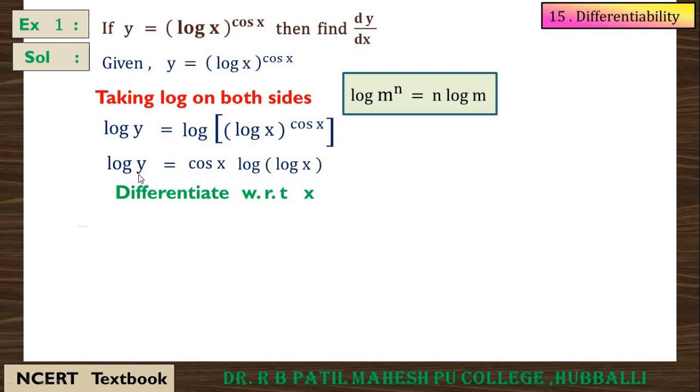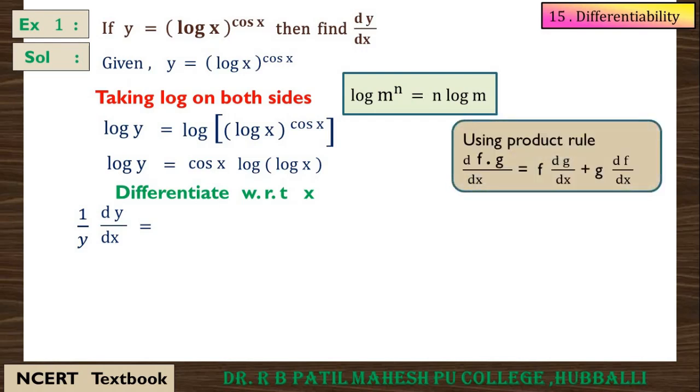Log y derivative, you know that it is 1 by y dy by dx is equal to, now we have cos x into log of log x. It is a product of two functions. So to differentiate, use the product rule. This is the product rule formula. So using the product rule, I write the derivative.